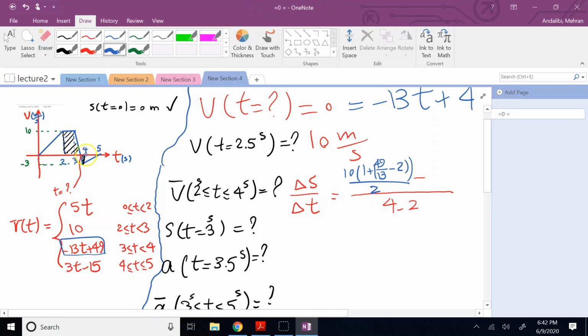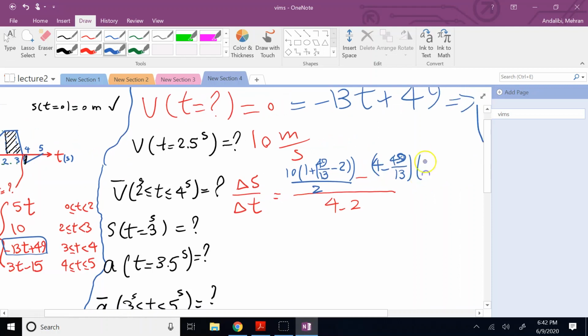And then the area of the triangle is what? It's the base, which is 4 minus that 49 over 13, times the height, which is 3, and then divided by 2.